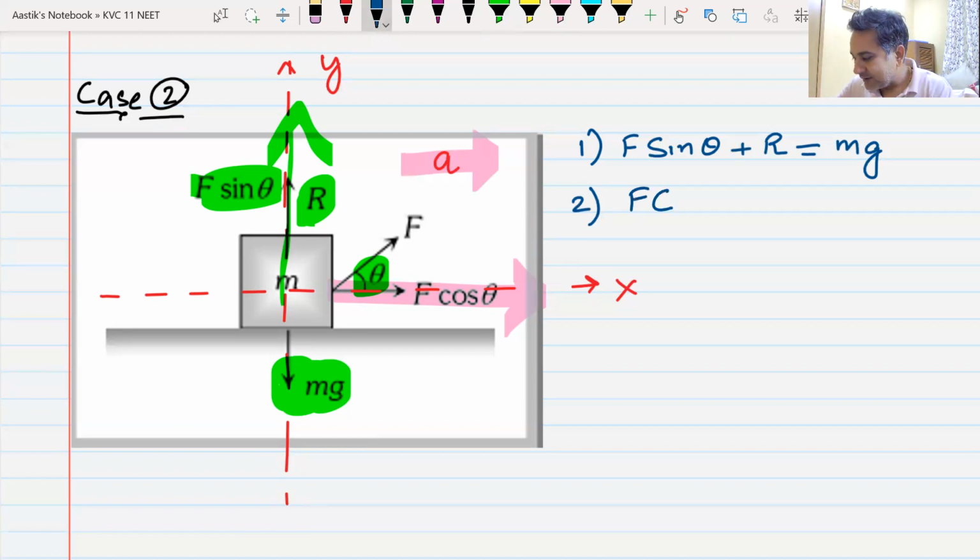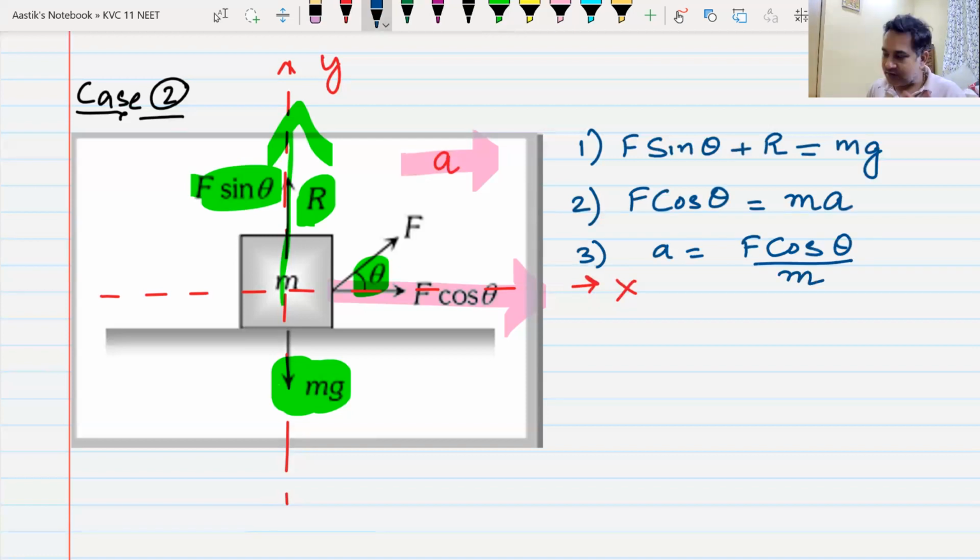The force along x-axis is F cos theta. There is no other force here. So that will be equal to m into a, or you can write acceleration as F cos theta divided by m.